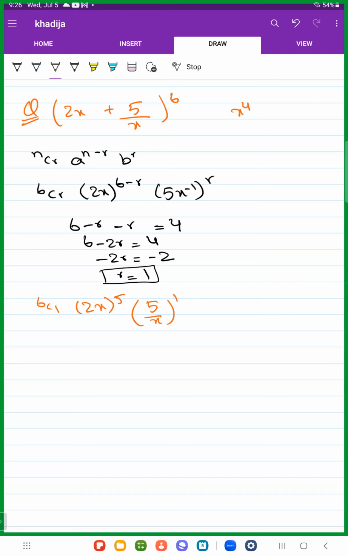So it's going to equal 960x to the power of 4.